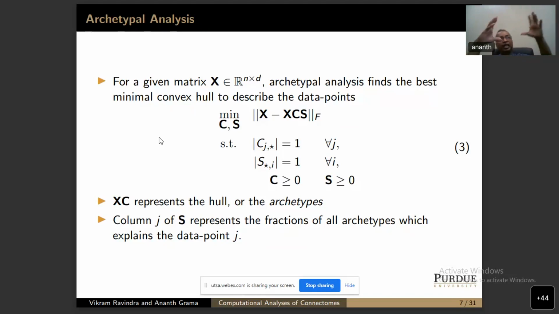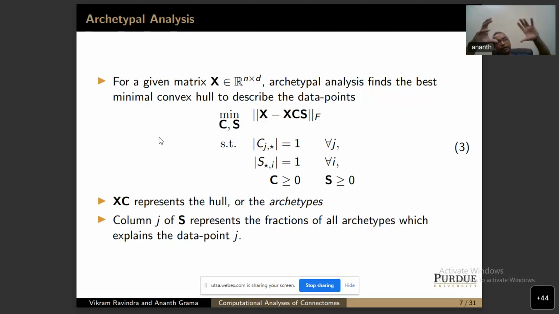So now I've said, hey, give me the best convex hull in this 30,000 dimensional space that encloses as many points as possible. So the key goal is to now find the convex hull in this space, with the understanding that every point on the inside of this convex hull can be represented as a convex combination. Convex combination simply means it's a linear combination that is all positive and sums to 1.